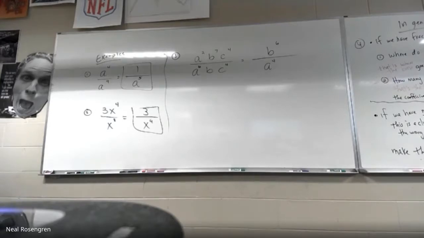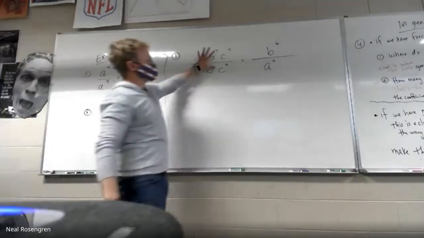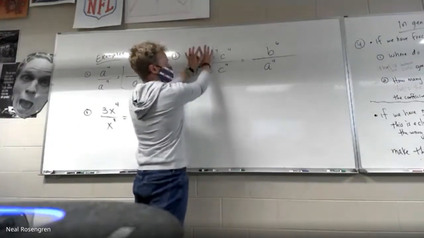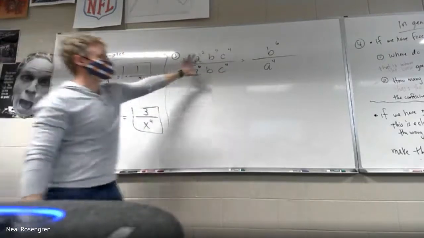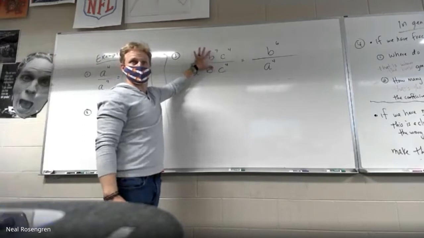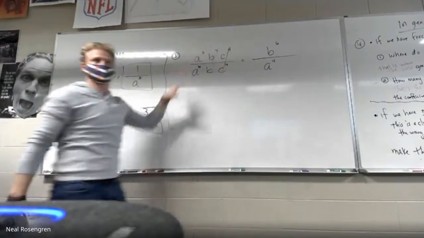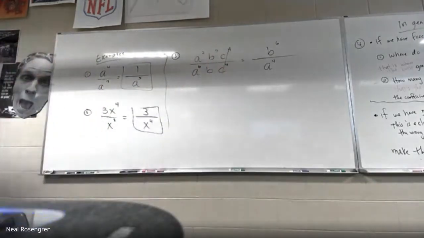All right, now ask yourself the question: where do you have more C's, top or bottom? You don't, right? You have 4 on top. You got 4 on bottom. And really, what you want to kind of be doing in your mind is this: covering up everything else and just worrying about that. What's anything divided by itself? The C's cancel each other out.